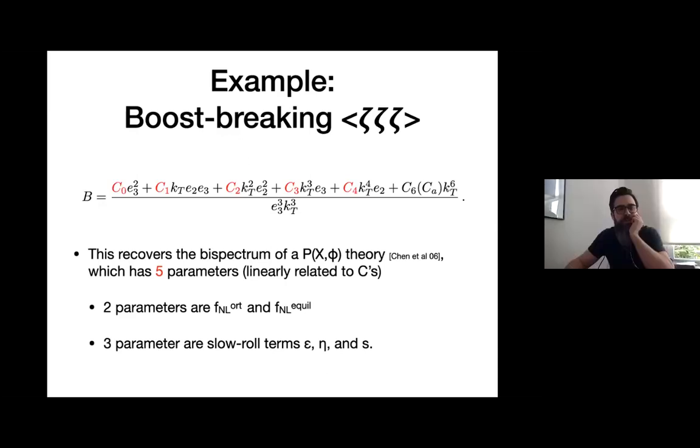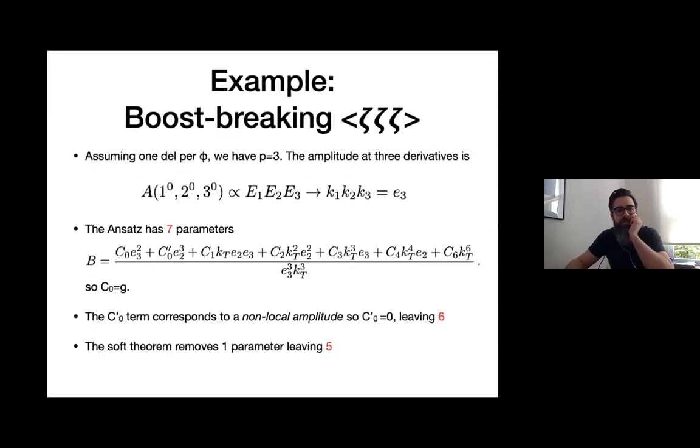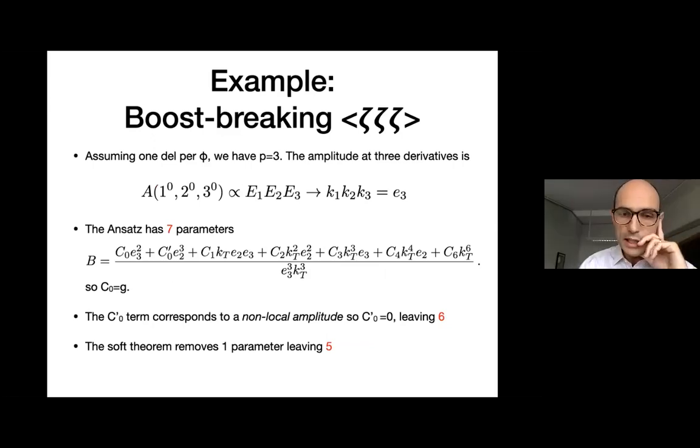Sorry, can I ask a small question? Yes. So it looks like the thing you're calling C0 would also have a non-local amplitude, but it'll have like a 1 over K total instead of a 1 over K total cubed pole. So is that what the difference is? No, the K total is not in the amplitude.